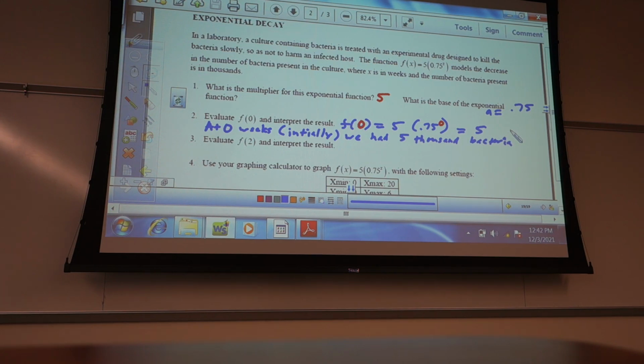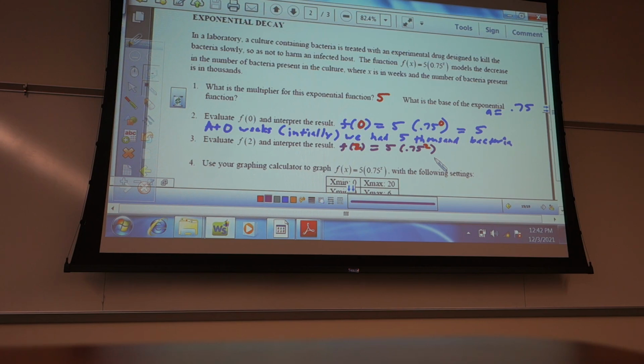Okay. Evaluate f of 2. So let's do f of 2 together. All right, so f of 2 is 5 times 0.75 to the second, right? If I put in 2 here, 2 there. So we're going to do 0.75 raised to the second power. Has anyone done that already? I did it.